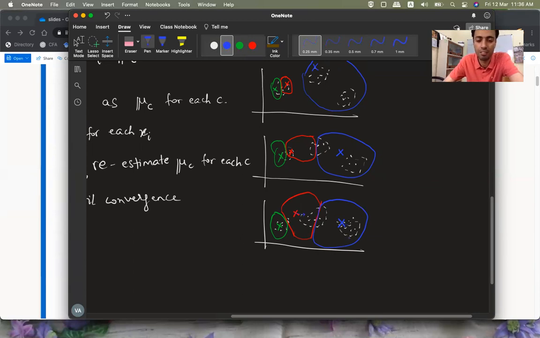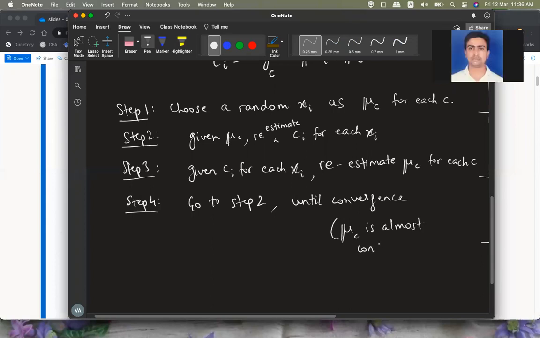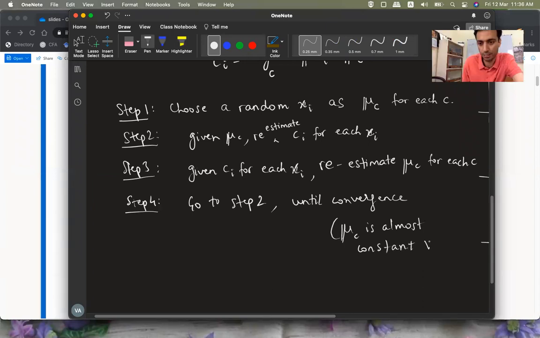And the convergence will be achieved when the mu's do not move any further, right? See, now the mu's are moving large distances, but after some time the mu's will stop changing, which means mu c is almost constant for all c.